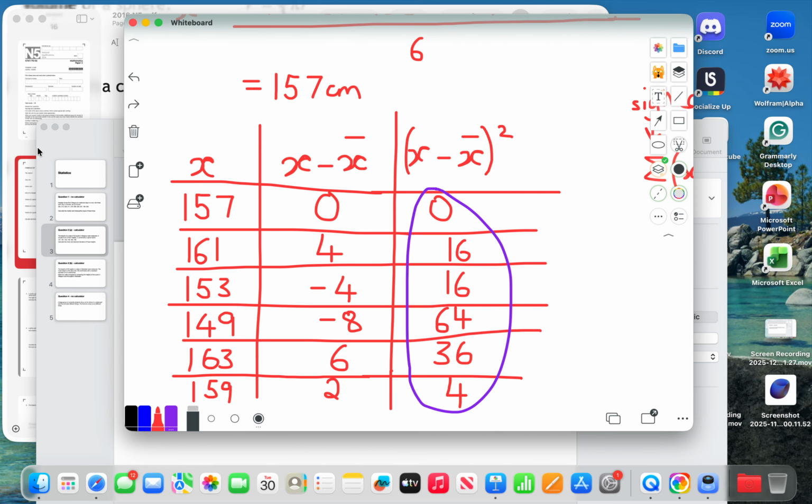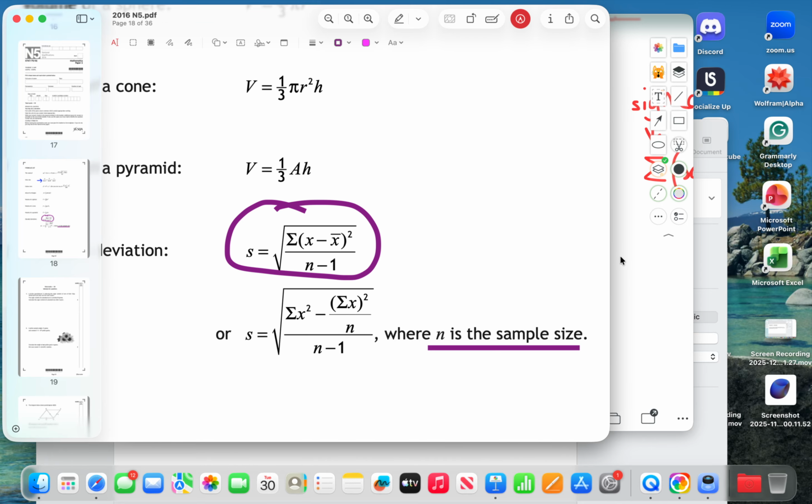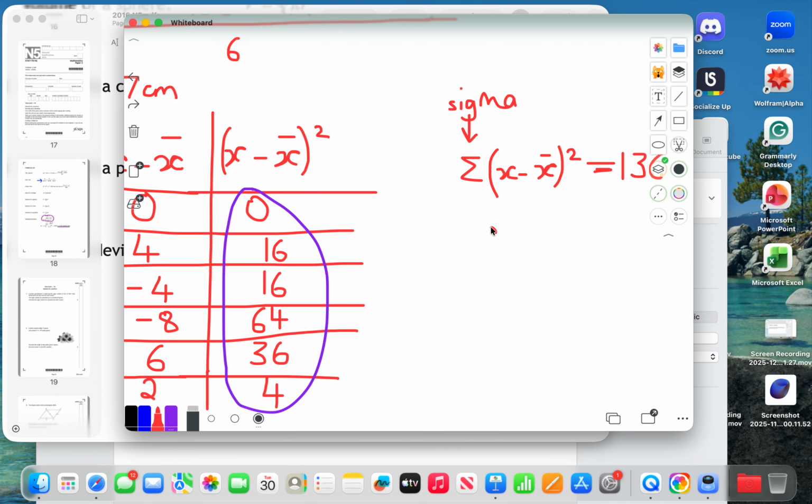And the formula is this. Make sure you copy this down correctly and you know how to use it.